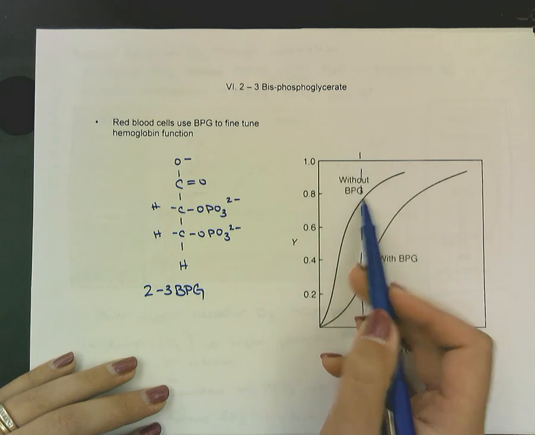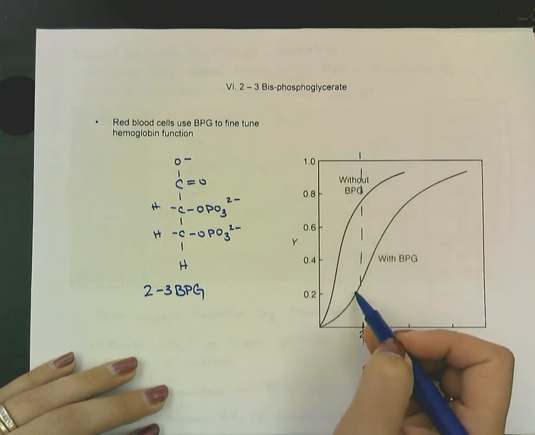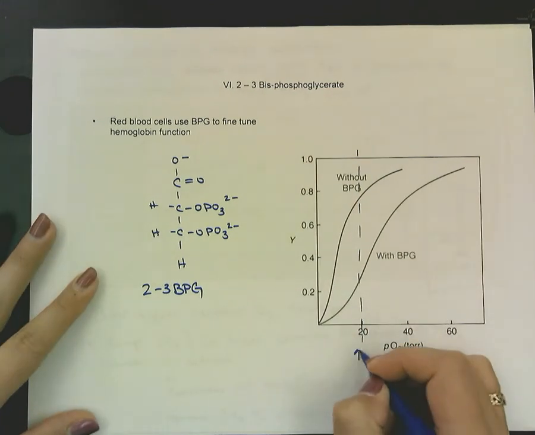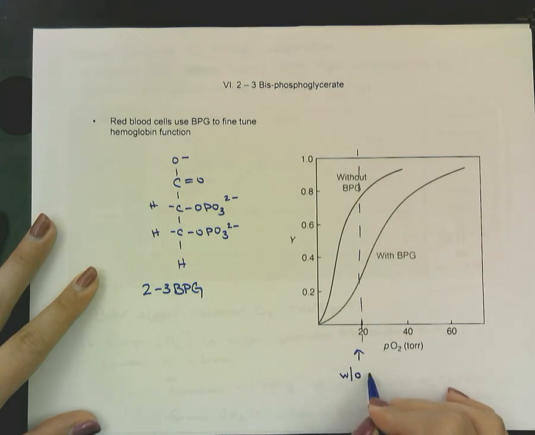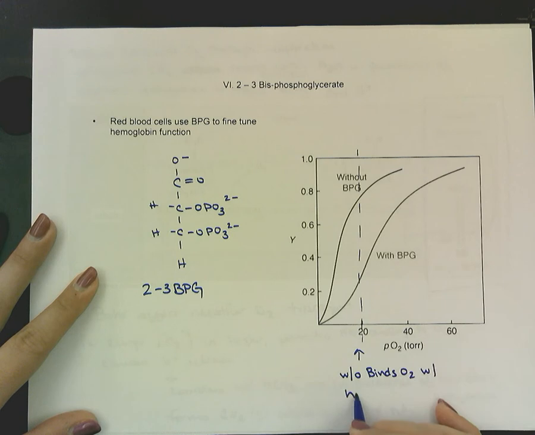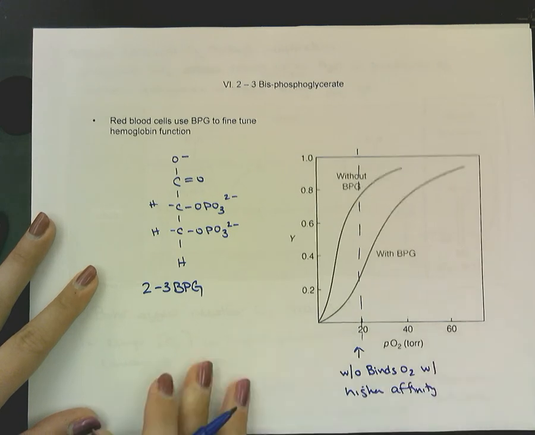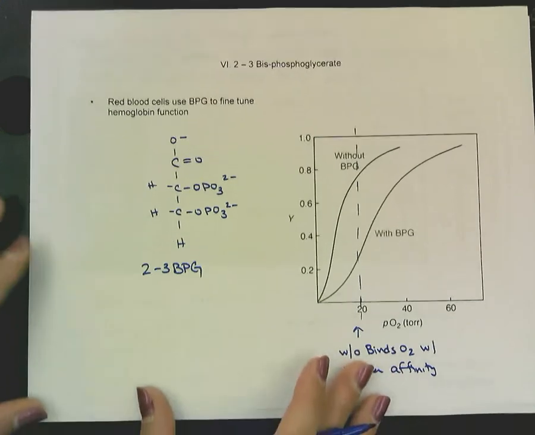Without binds at higher affinity than with at 20.